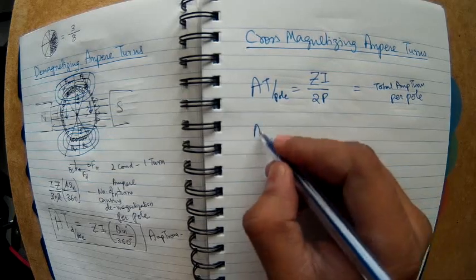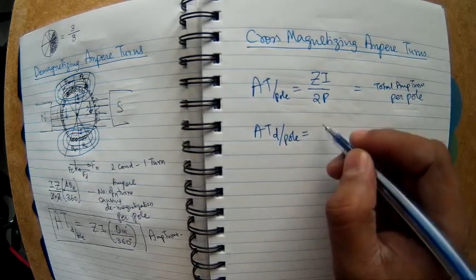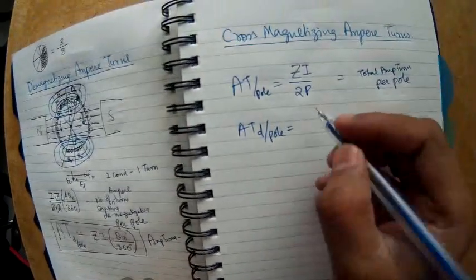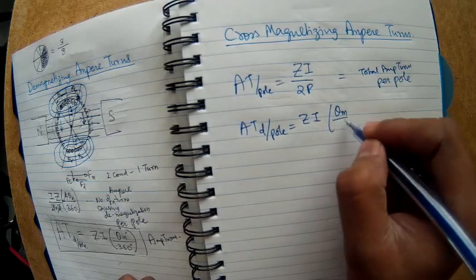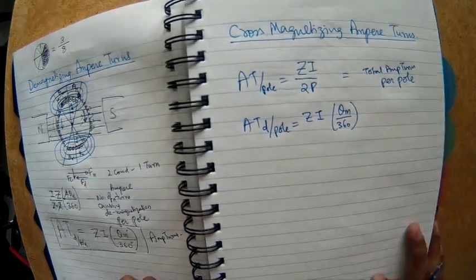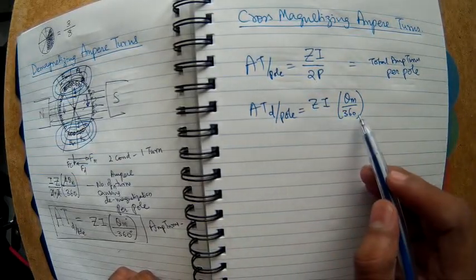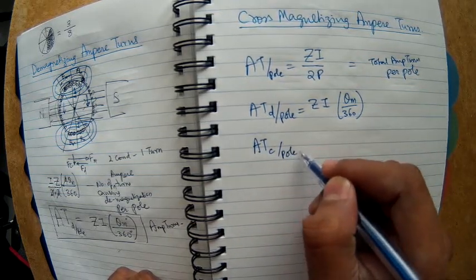Now the ampere turns causing demagnetization per pole, which we just calculated, is Zi theta m by 360. Out of the total, some are causing demagnetization. Obviously the others will be causing cross magnetization.